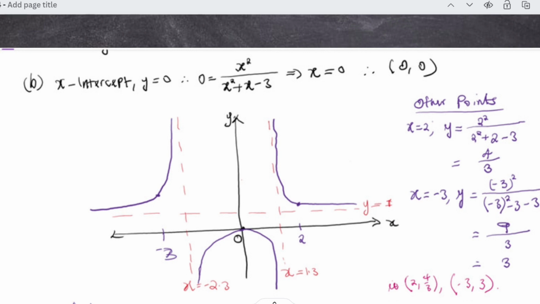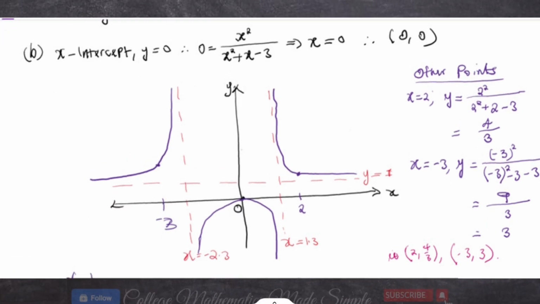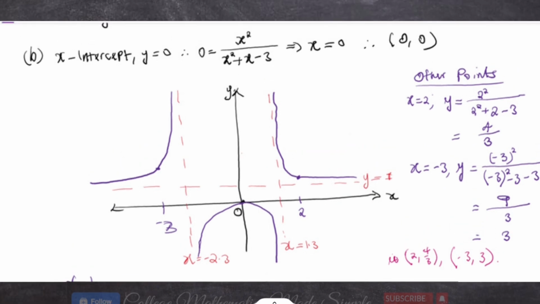Now we can put our points together. So we sketched the vertical asymptote, which is x equal to negative 2.3, and another one x equal to 1.3.